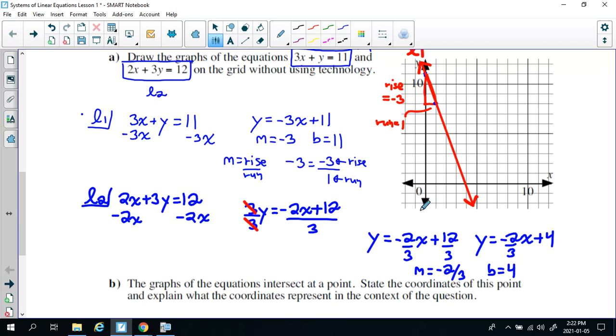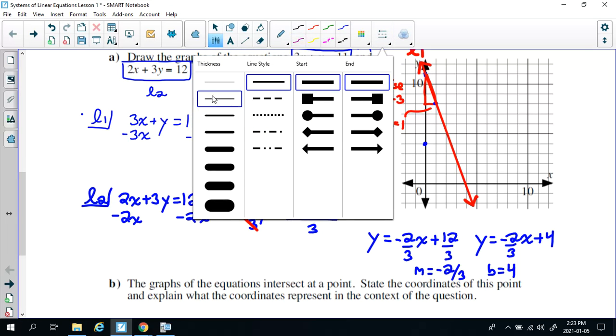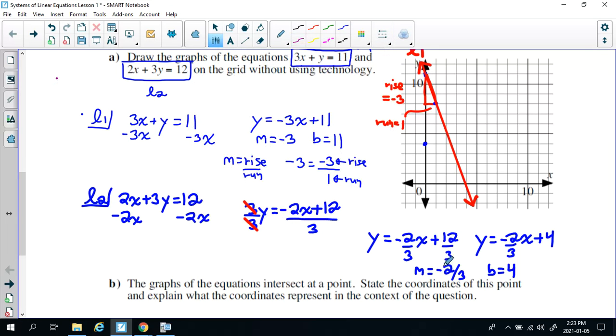Okay, so let's plot this one. So this one's going to have a y-intercept of 1, 2, 3, 4. So that's going to be located right here. And then I want to draw a slope triangle that has a slope of negative 2 over 3. So I'll do this one in purple. Slope is rise over run. So the numerator represents the rise. So from the y-intercept, we're going to go down by 2.